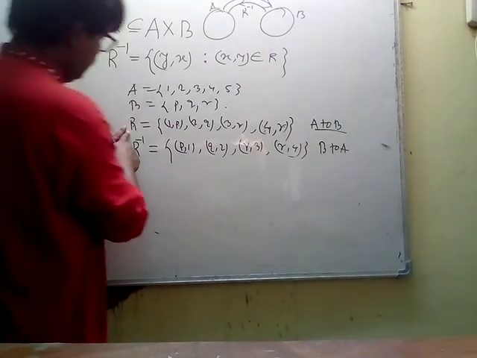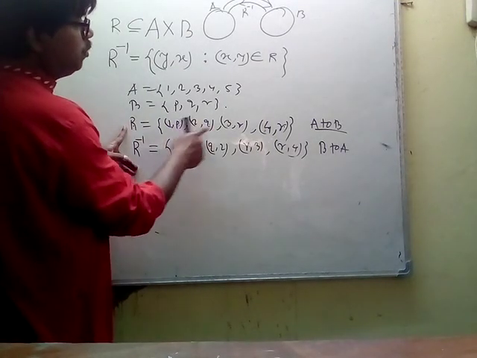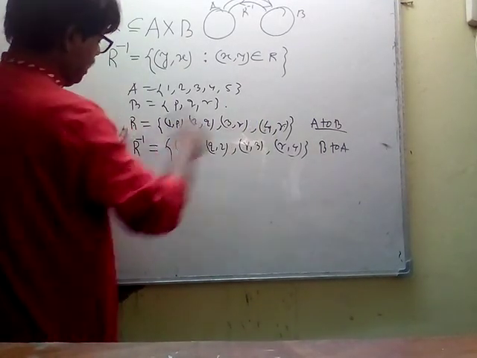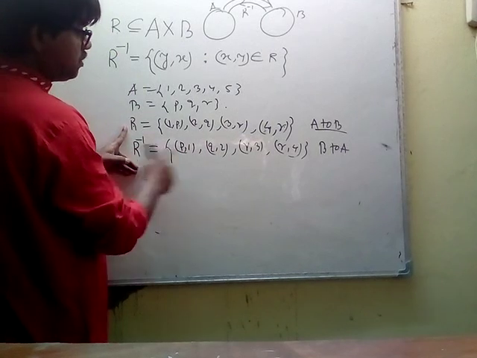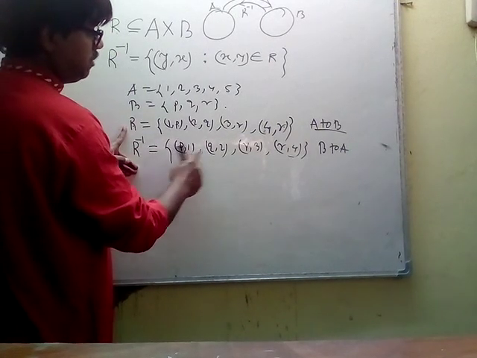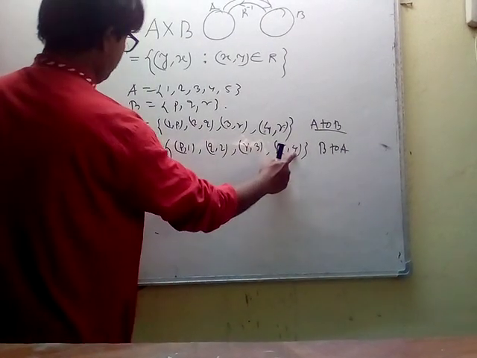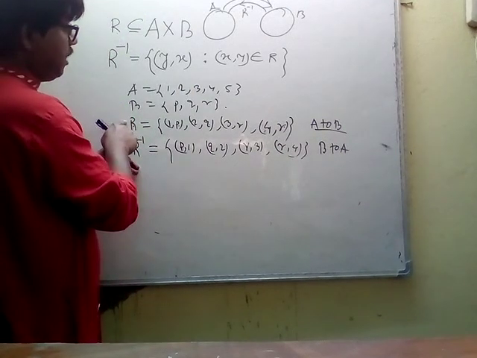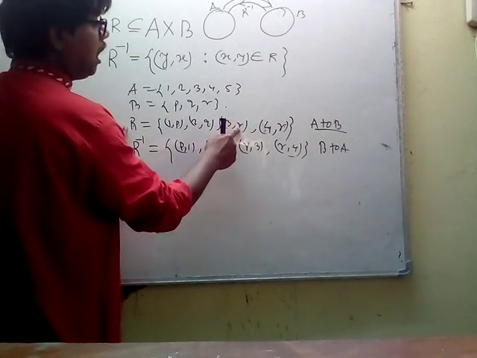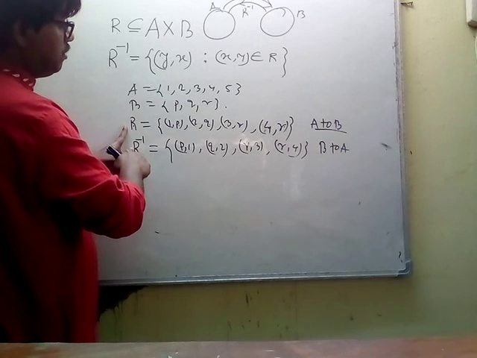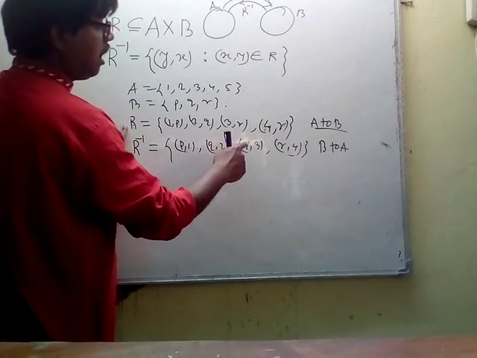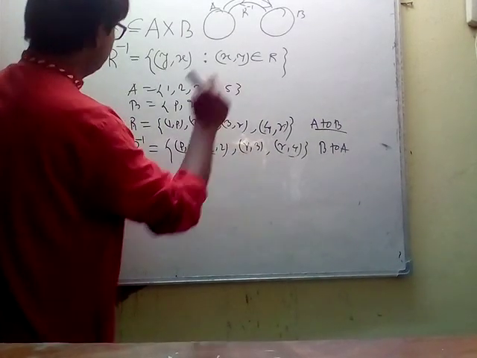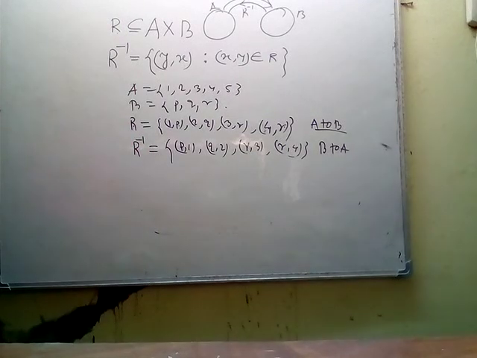They interchange. Domain of R is 1, 2, 3, 4, which is the range of R inverse. Again, range of R is P, Q, R, which is the domain of R inverse. P repeats twice, take it once: P, Q, R.